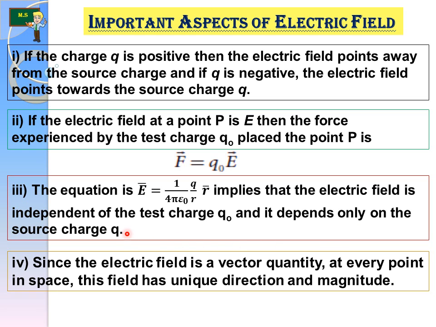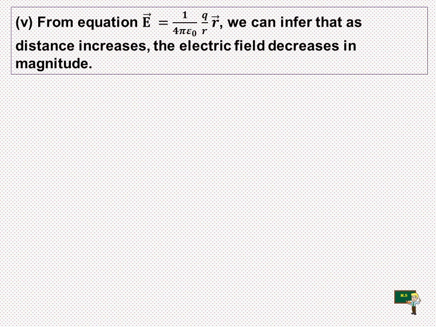Since the electric field is a vector quantity, at every point in space the field has unique direction and magnitude. Fifth point, from the equation E is equal to 1 by 4 pi epsilon 0 Q by R square into R cap, we can infer that as distance increases, the electric field decreases in magnitude.